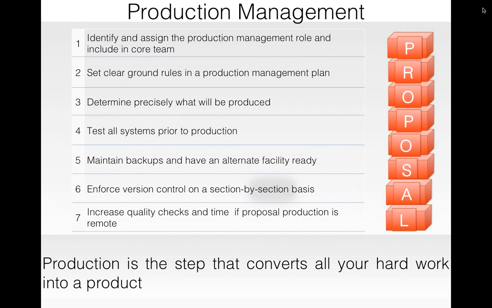And you need to set the ground rules very clearly in the production management plan on what the deliverables will be, what you are going to give them, and what you expect out of the production management. For example, government proposals in the US may say that your proposal should be submitted in a 3-ring binder.